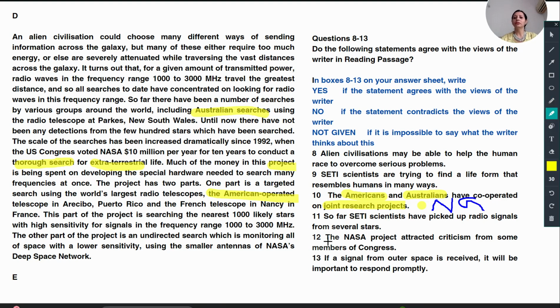Okay, 11th number. So far, SETI scientists have picked up radio signals from several stars. Okay, so far, till now, SETI scientists have picked up radio signals from several stars. Now, stars word is here. But radio signals, they were talking in next paragraph. Stars are there.